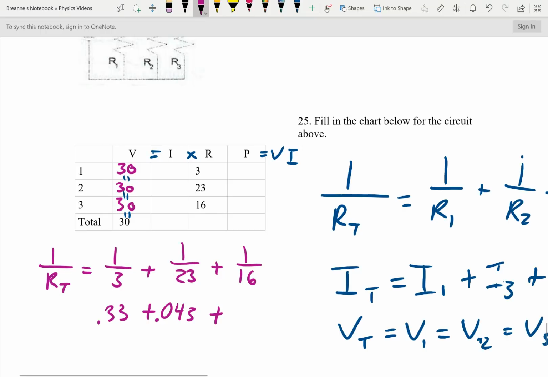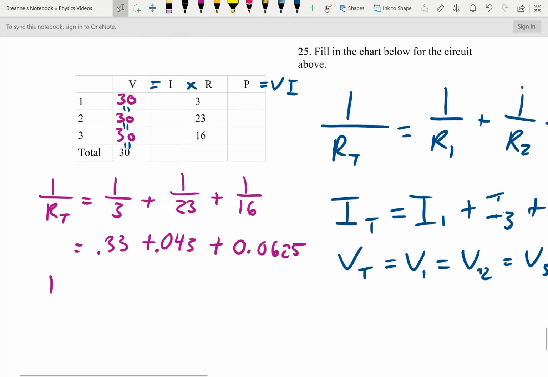And then 1 over 16 is about 0.0625. You just add those up, and you get that 1 over your total resistance equals 0.439.